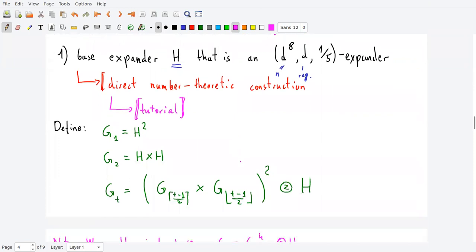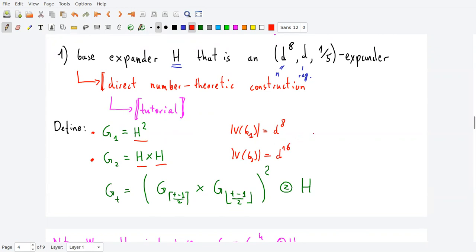So now we define the consecutive graphs G1, G2, G3, and so on using the following recursive formula. First of all, for G1 and G2, I define G1 to be H squared, so I square the base graph. And for G2, I take the tensor product of H with itself. So you can easily see that the number of vertices of G1 is d^8, because the number of vertices of H was d^8, and the number of vertices of G2, because this is the product of the number of vertices of H with itself, is d^16, as it should be.